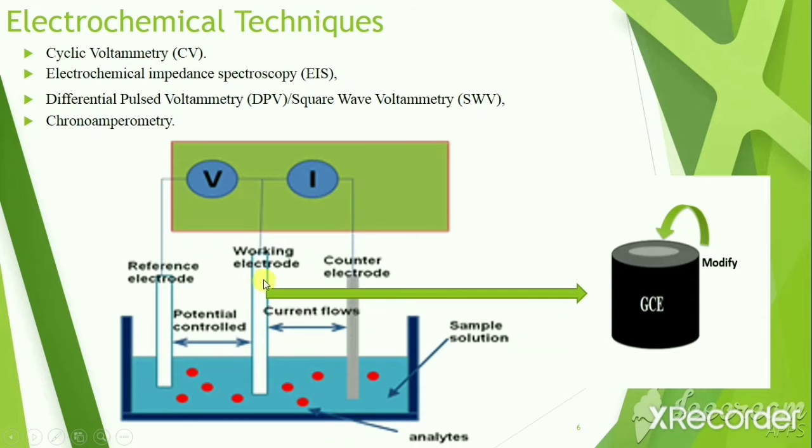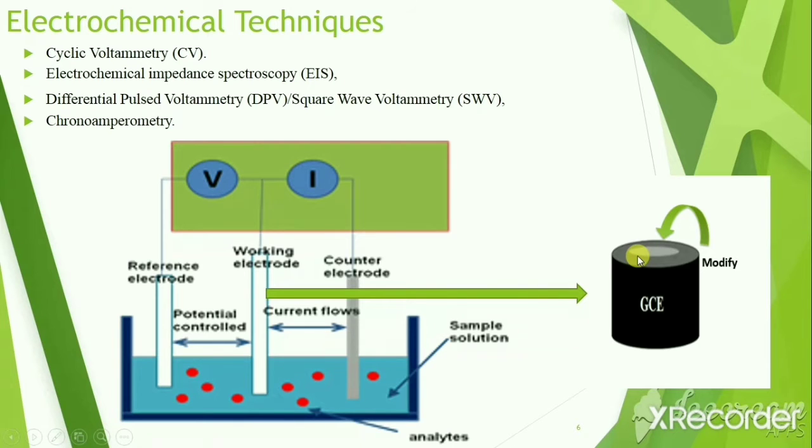So the most important electrode here is the working electrode. Why? It is very important because on this surface the reaction will occur. But there is an issue here, that this surface isn't really efficient, especially if we do analysis. That's why we need to overcome this issue.